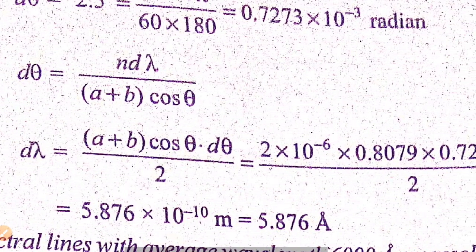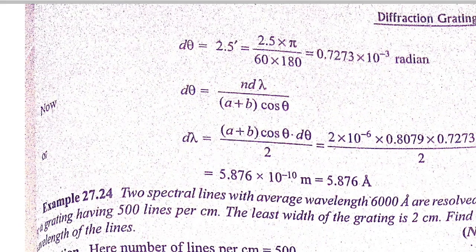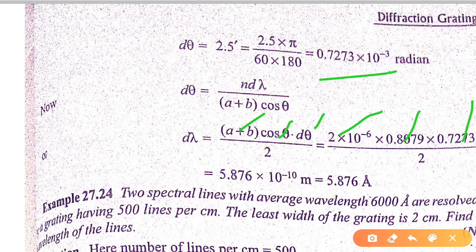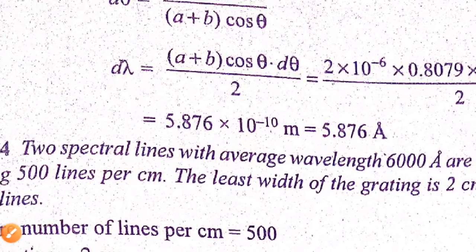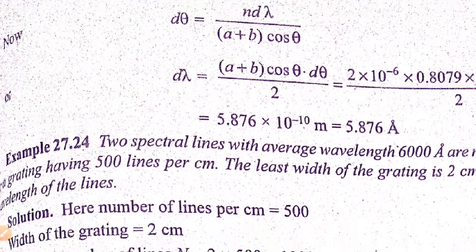A plus b is 2 into 10 to the power of minus 6, cos theta is 0.8079, and d theta is 0.7273 into 10 to the power of minus 3. So at last we get the value 5.876 angstrom.